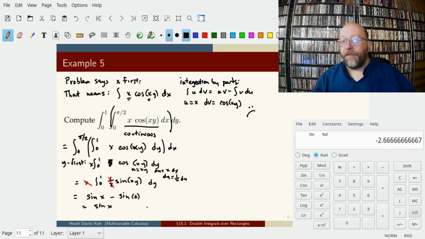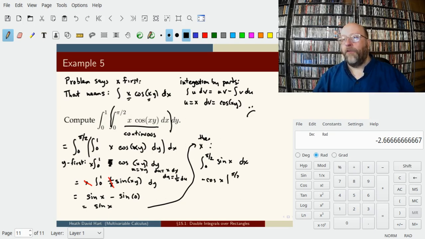And now I take this answer here, and I do x second. X goes from 0 to pi over 2, sine of x. Well, the integral of sine of x is negative cosine of x.